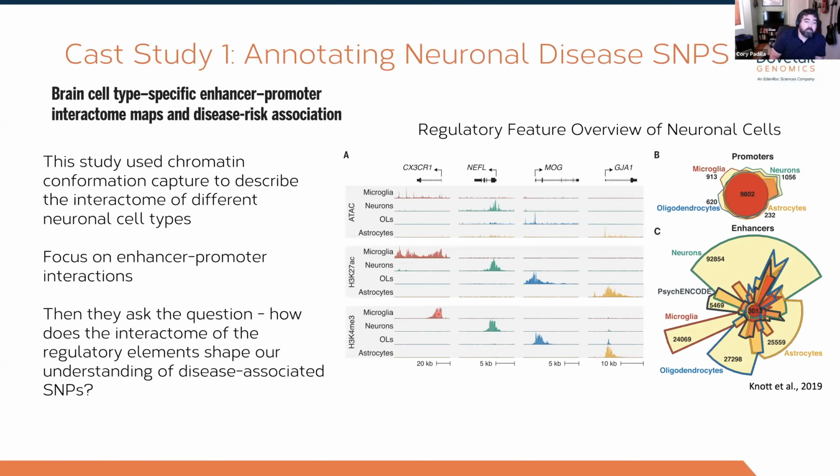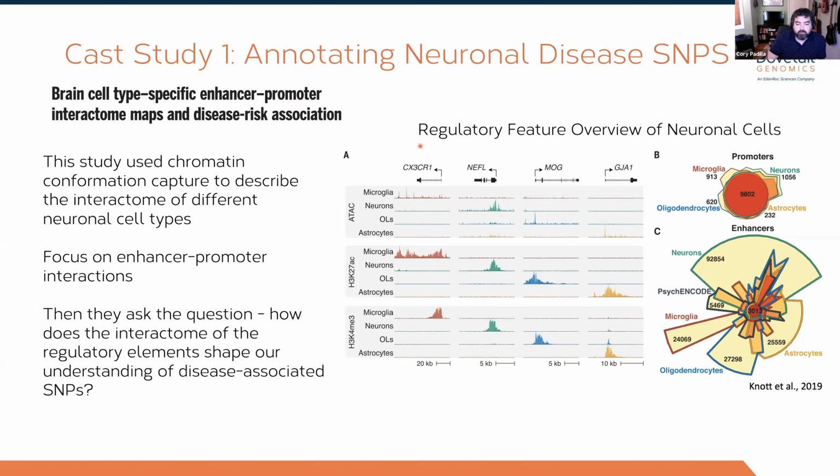All right. So first case study. This is a really fantastic piece of work. I think this is a Science manuscript from 2019. But really what this group was doing was using the interactome data, this 3D orientation data, to help annotate neuronal disease SNPs that have been previously identified through GWAS.